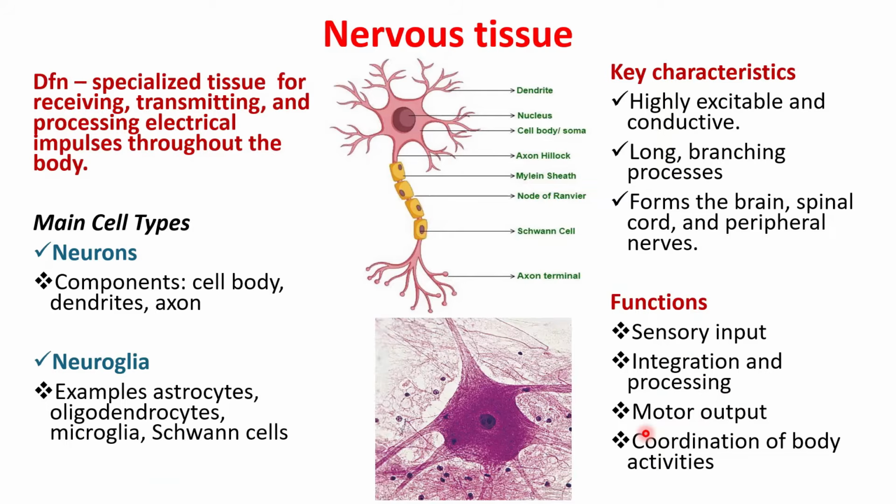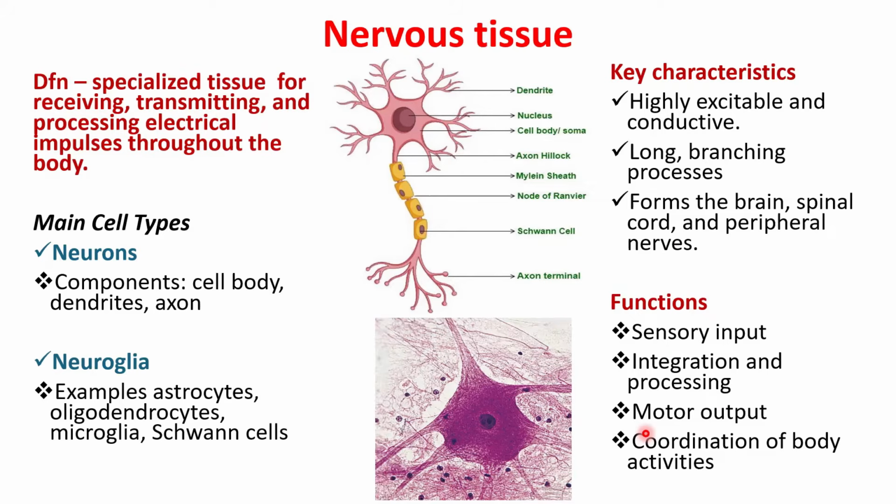So for example, you put your hand in the fire. The nervous tissue is able to sense and send information to the nervous tissue. So that's sensory input to the brain. And then the brain, which is a nervous tissue, integrates and processes it.